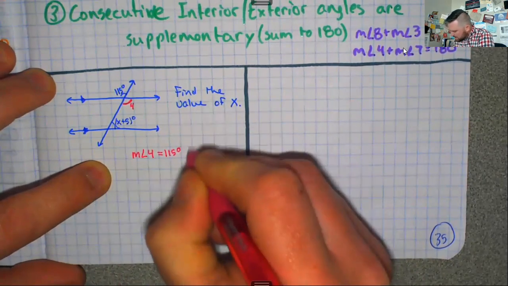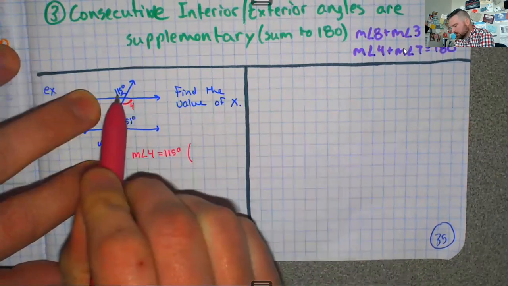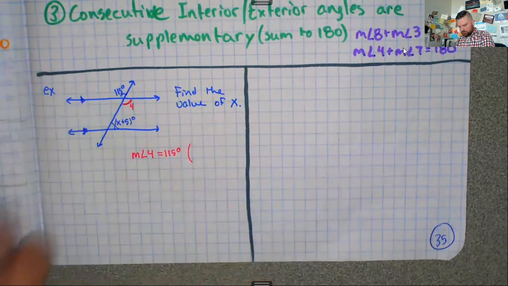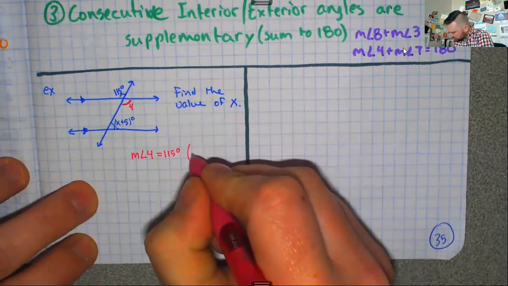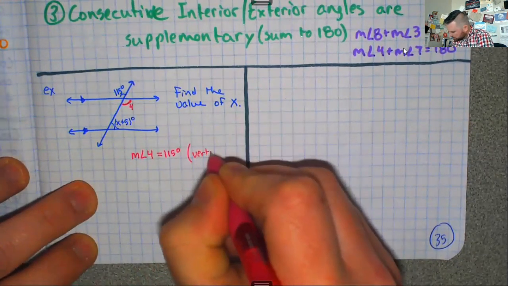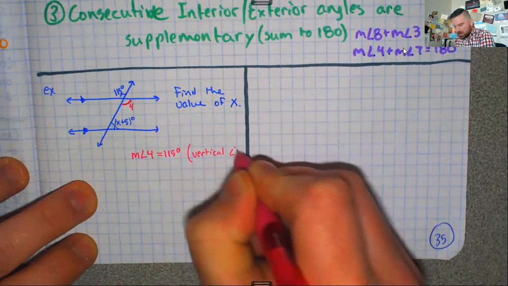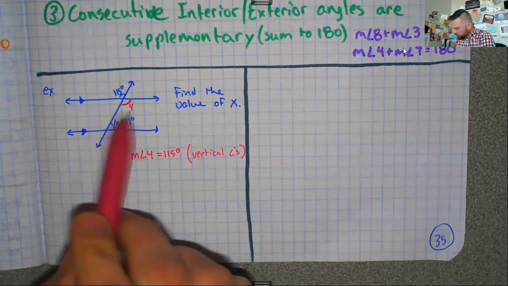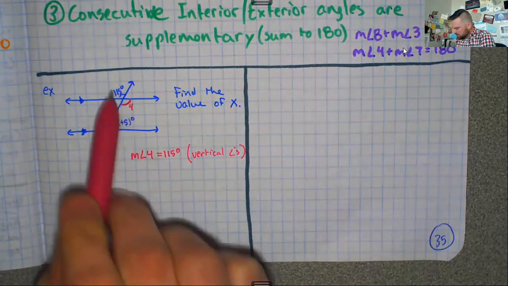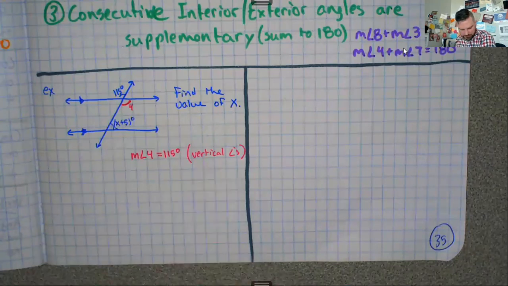The reason I know that is because this angle and this angle are vertical angles. Okay, this is starting to get into some of those informal proofs. We just proved that angle 4 and this angle were the exact same because they're vertical angles.